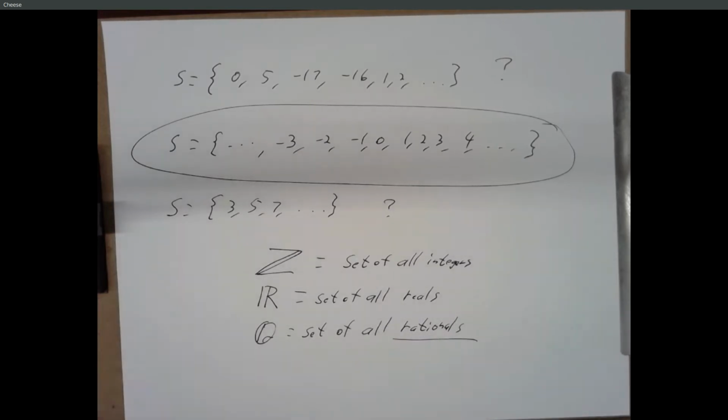And a funny Q, this is the set of all rational numbers. Does anybody know what a rational number is? It's basically a fraction. It's a number that can be written as integer over integer. So 1/2, 2/3, 95/713. These are all rational numbers.